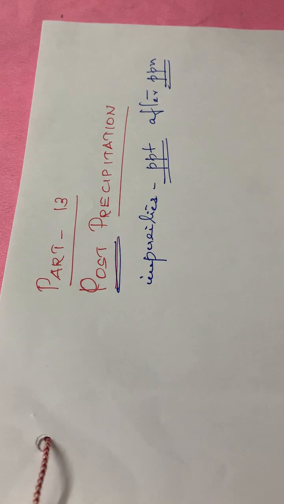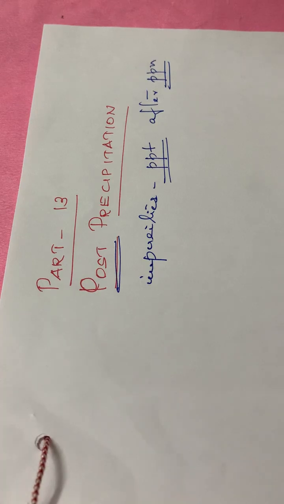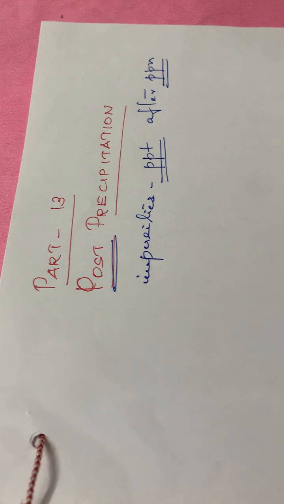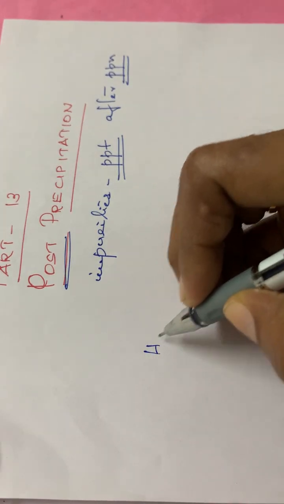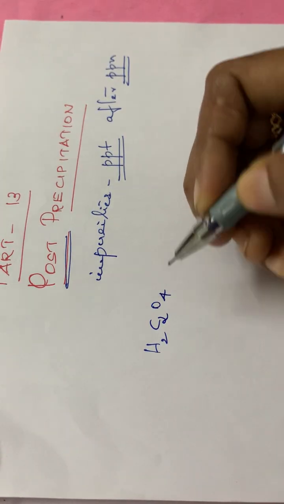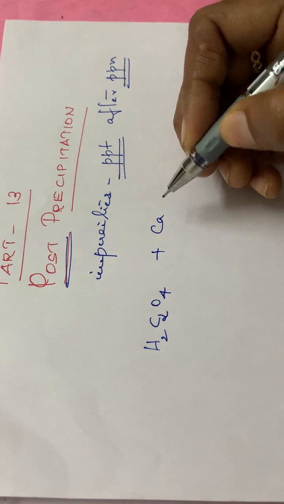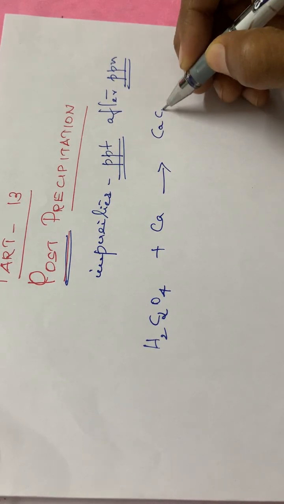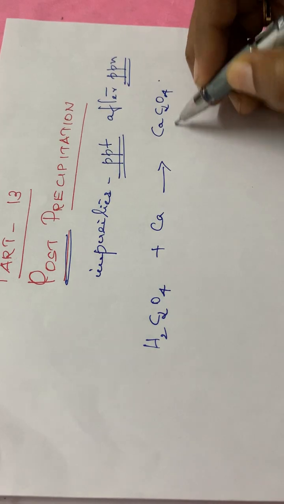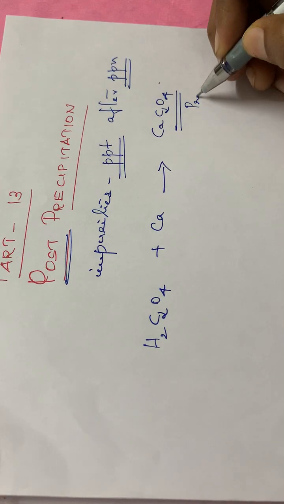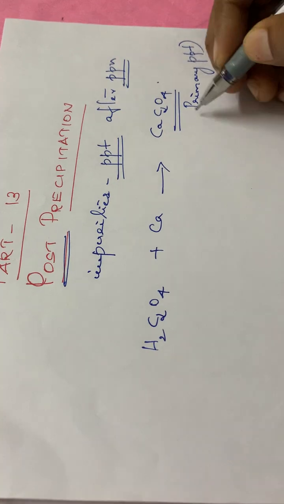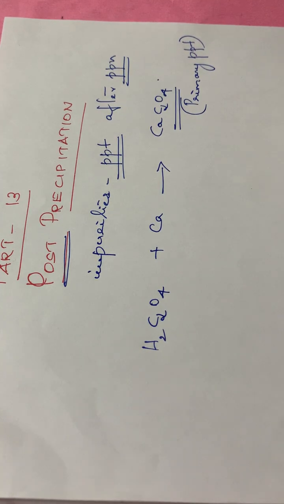For example, when oxalic acid, H2C2O4, is added to calcium, the precipitate obtained is calcium oxalate, CaC2O4. This is the primary precipitate that we need.